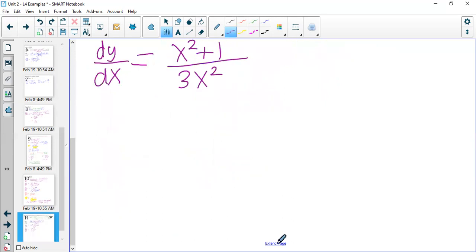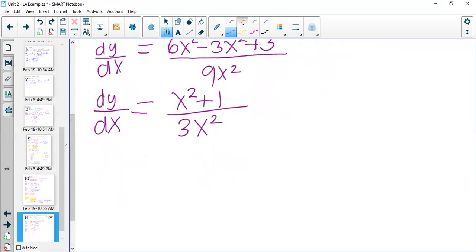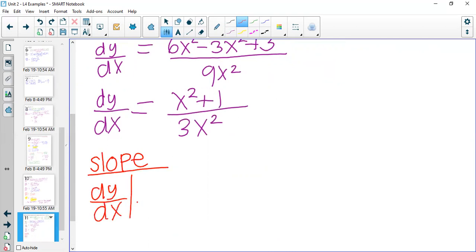Now, in order to calculate the slope, I need to find the slope of the function at x is equal to 2.